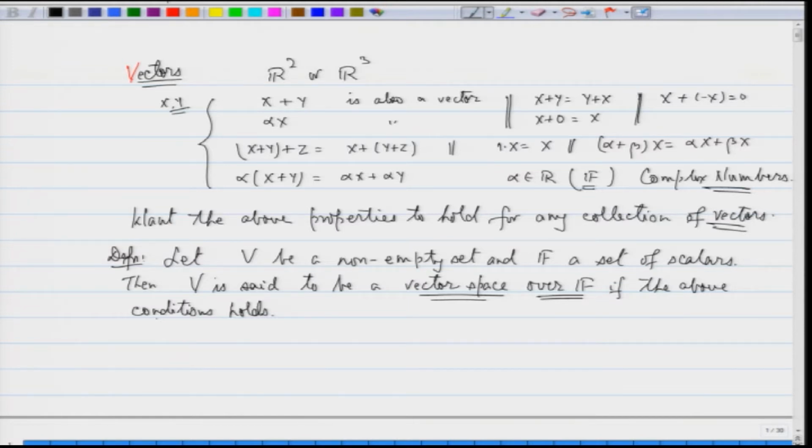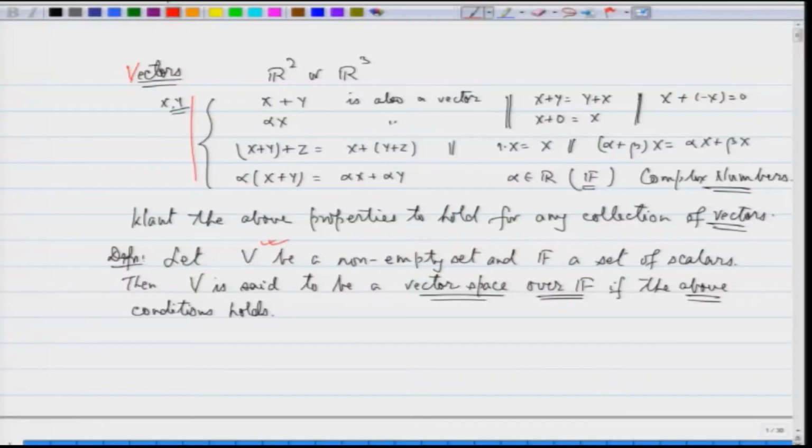Above conditions hold means I have an addition between two vectors. So given this set V, I have a definition of addition between two elements, I have a definition of scalar multiplication there, and with that all these conditions are valid. That is more important for us.